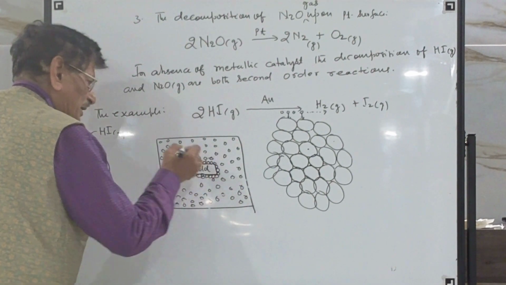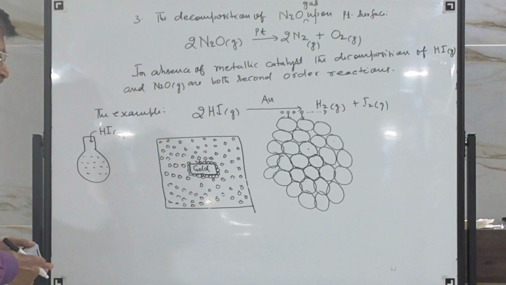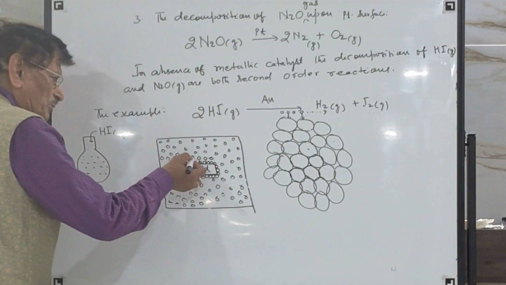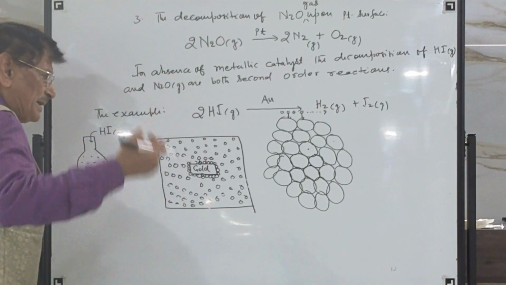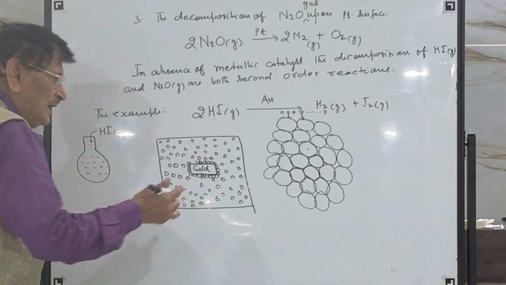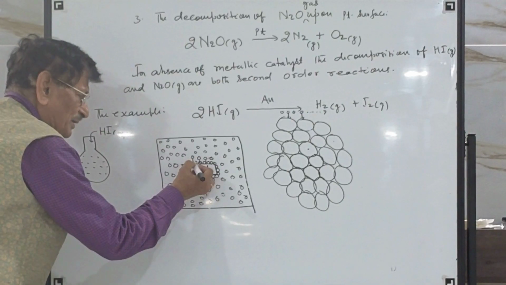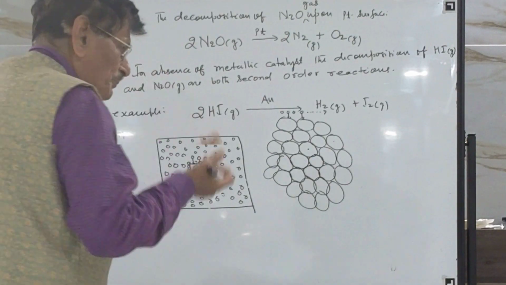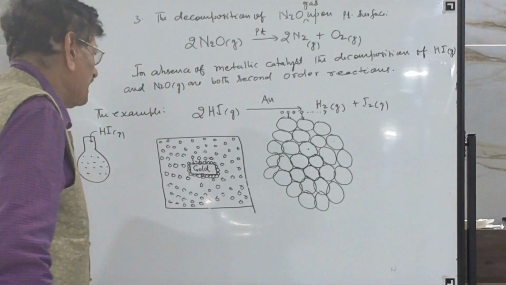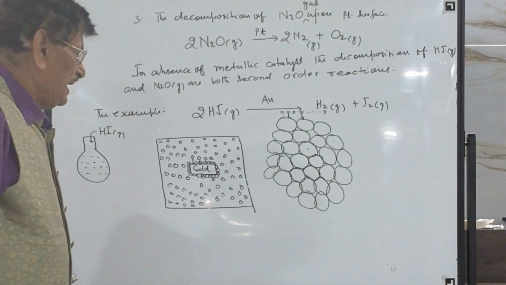This site becomes vacant, and soon some other HI molecule which is waiting in the container gets adsorbed on this. So again, whenever any molecule decomposes, the place left by its decomposition is occupied by another HI molecule.